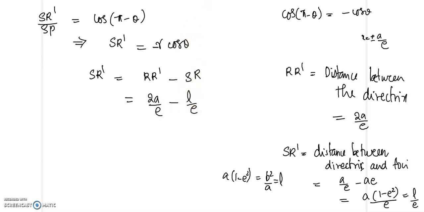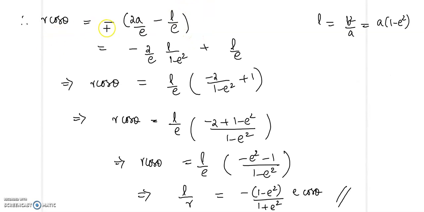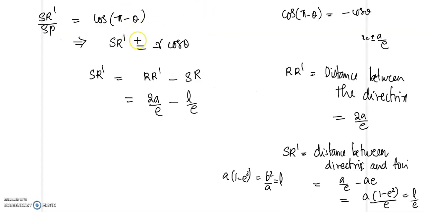And now we have this equation. So r cos theta will be equal to, substitute the SR dash we got in this equation. So SR dash is 2a by e minus L by e, equal to minus r cos theta.